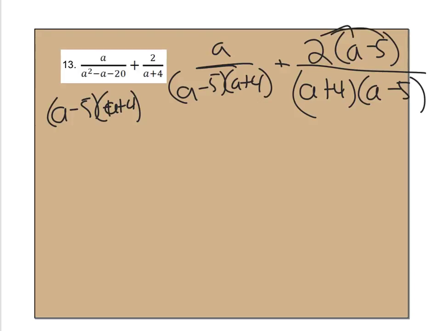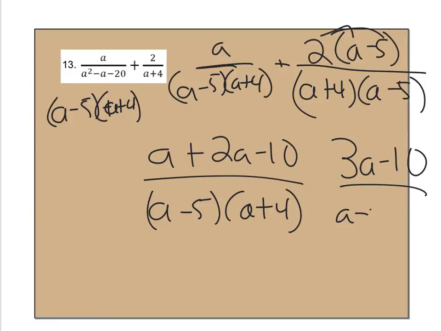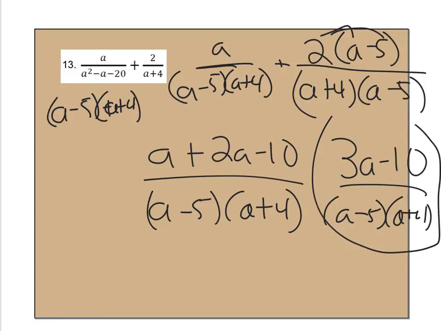So then distribute that. a plus 2a minus 10 all over (a minus 5)(a plus 4). So that'll be 3a minus 10 over (a minus 5)(a plus 4). I know it sounds weird. You're actually simplifying the top while leaving the bottom factored. But that's kind of what you want. You've got to put it together and then see if you can pull it back apart and do anything with it. And in this case, no, we can't.